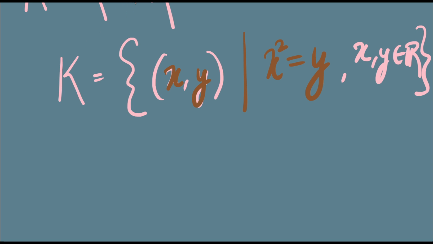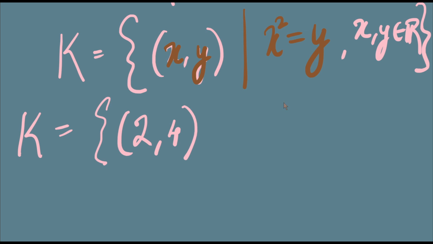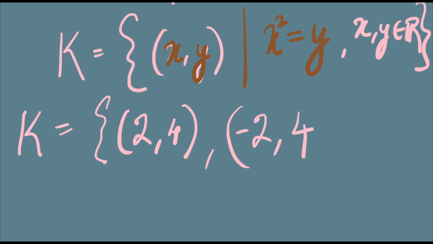So the set K, I wouldn't be able to write the whole relation because both are infinite sets. There will be an infinite number of elements, but let me just write a few. What are the elements where if you square them you will be getting the second entry? If I write down 2 here, then 2 squared has to be 4, so 2 comma 4 would be in my relation K. And minus 2 has to be related to 4 again, because minus 2 squared is 4.